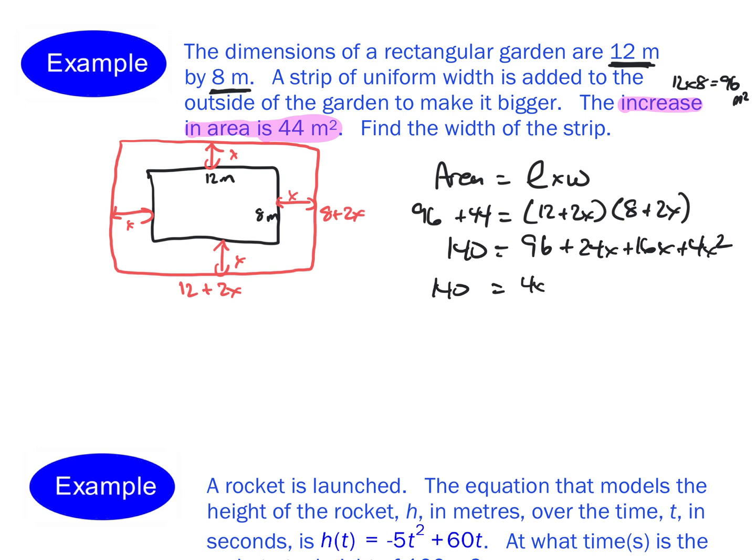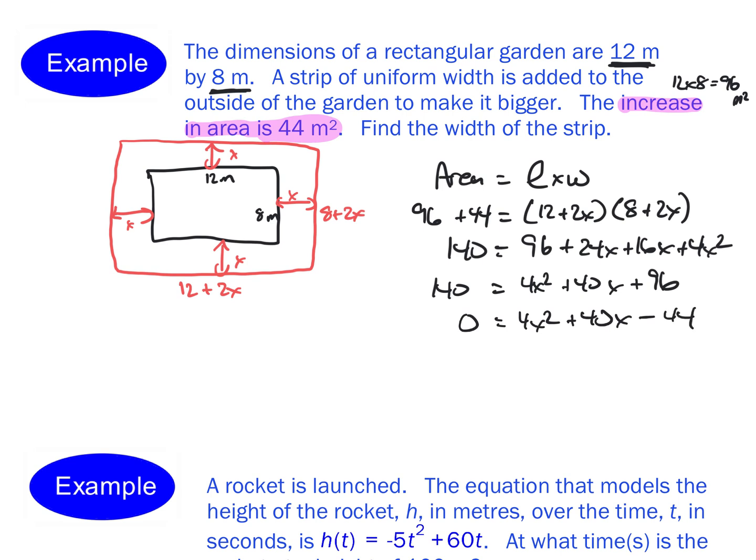Simplifying, we'll get 4x squared plus 40x plus 96. Then we're going to take the 140 on the left side, bring it to the right, and we'll subtract it. So when we do that, we're going to get 4x squared plus 40x minus 44.